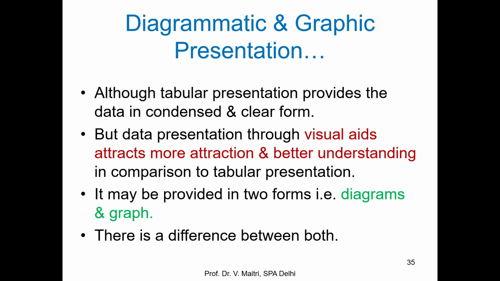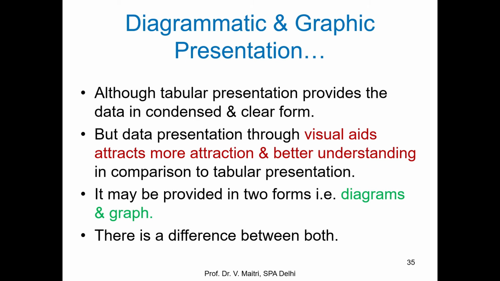The listener, your jury member, or whoever you are presenting your work to, will immediately understand what you are saying. That is the power of diagrams. So in comparison to tabular presentation, diagrams and graphs get more attention and people understand very easily what you are saying. So these are two forms, diagrams and graphs.